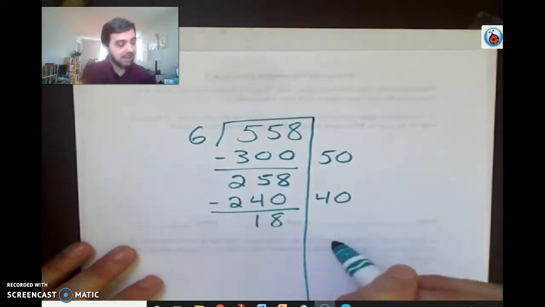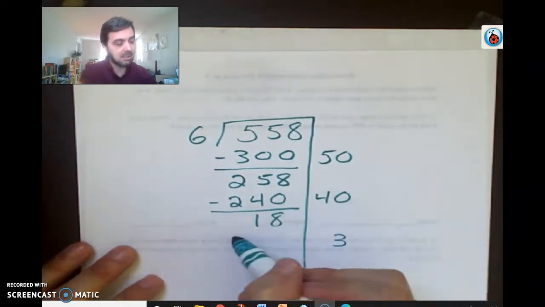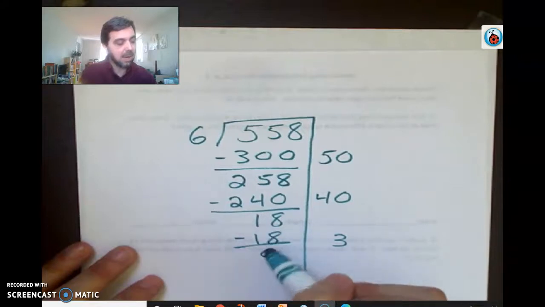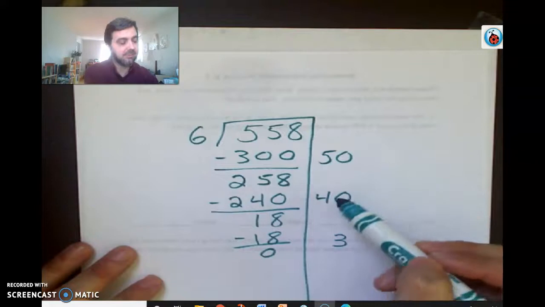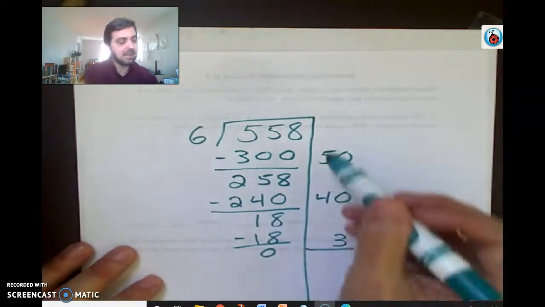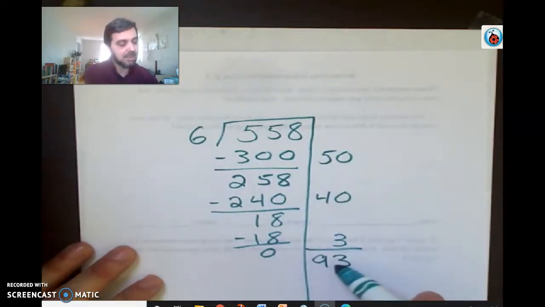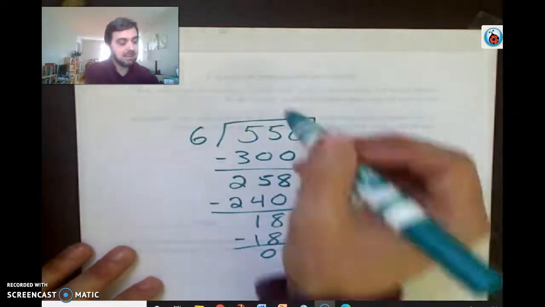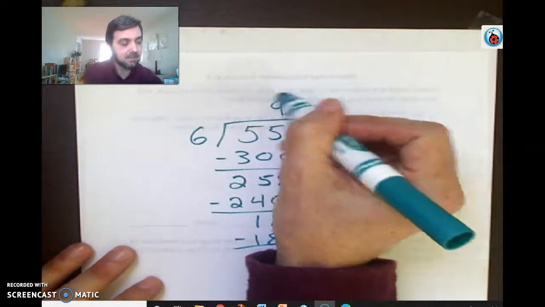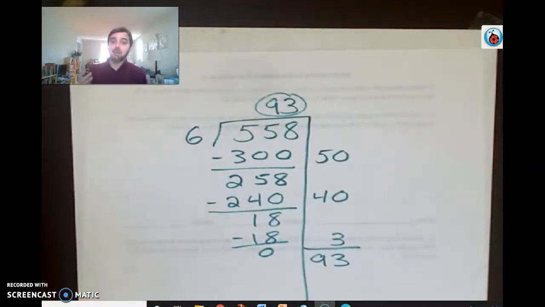So now if I give each friend 3 Skittles, I've given them all away. So I gave each friend 50 and then 40 and then 3. So each of them gets 93 Skittles. So what is 558 divided by 6? It's 93.